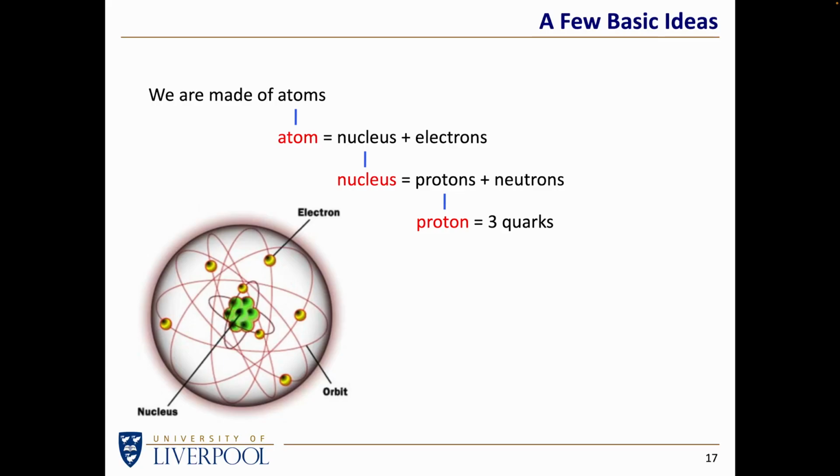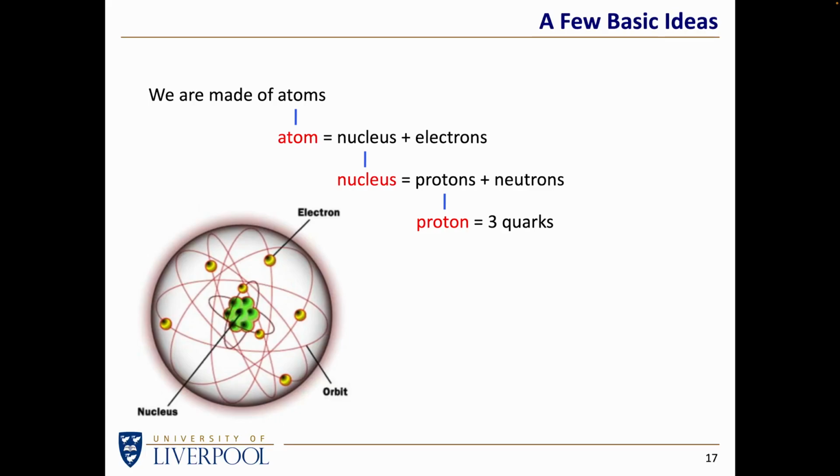We're simply going to say that a proton is made of 3 quarks. And again, quarks are fundamental. As far as we can tell, you can't take a quark and cut it in half and look inside. A quark is not made of anything. It is just a quark. It is a particle with a funny name. Neutrons are also made of quarks.